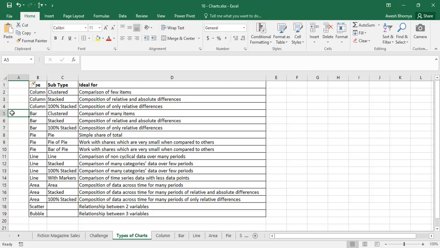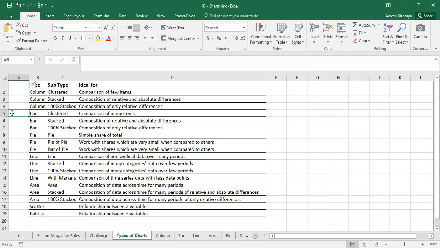The only difference is that in a pie of pie you are going to be creating a pie of smaller shares, and in a bar of pie chart you will be creating a bar chart out of the smaller shares. So these are ideal when you are working with shares which are very small when compared to others in that entire group of data points or observations.